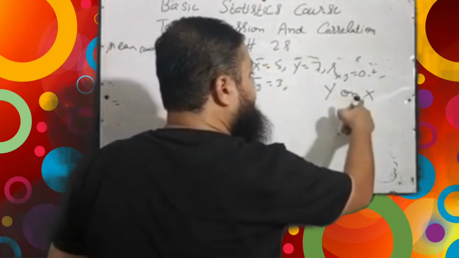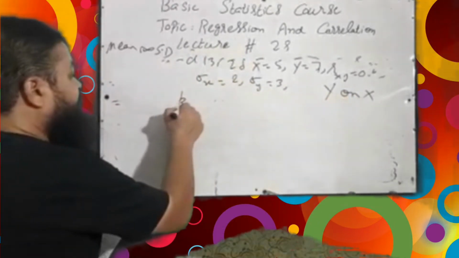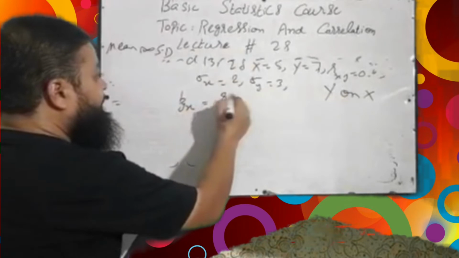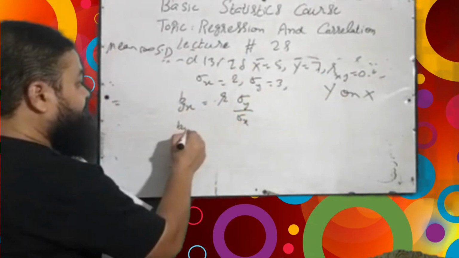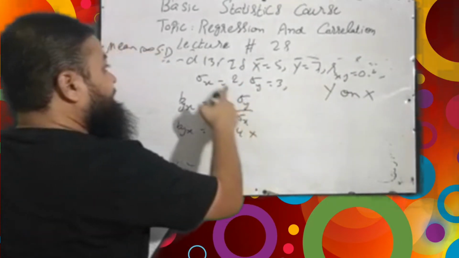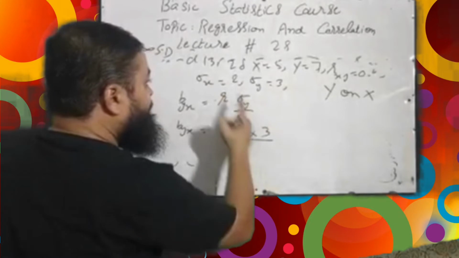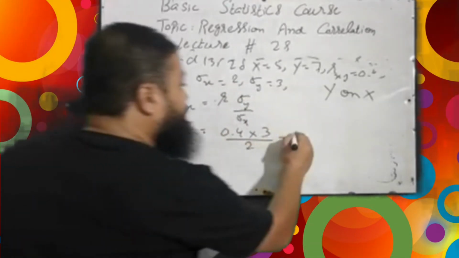For getting y on x, first of all, you will have to calculate byx, and what is the formula? Byx is equal to r sigma y over sigma x. Just substitute the values. R is given, that is 0.4, multiply sigma y is given, that is 3 over 2, and the answer will be 0.6.